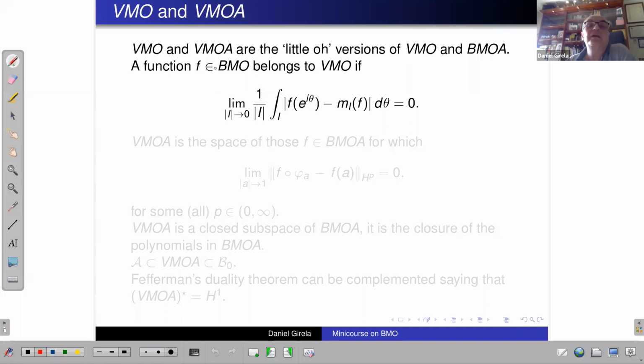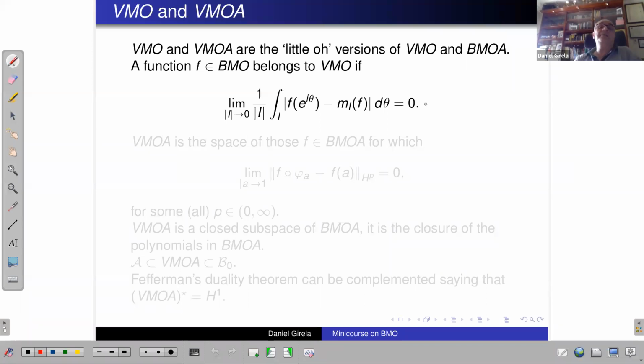A function f is in VMO, where V comes from vanishing mean oscillation. BMO was that the supremum over all intervals I of these oscillations was bounded. So VMO, vanishing mean oscillation, means that if we take the limit as the length of I tends to 0, this oscillation, that limit is 0.